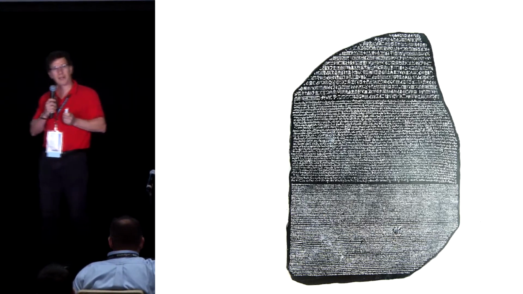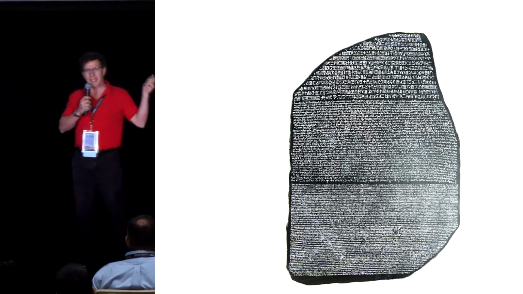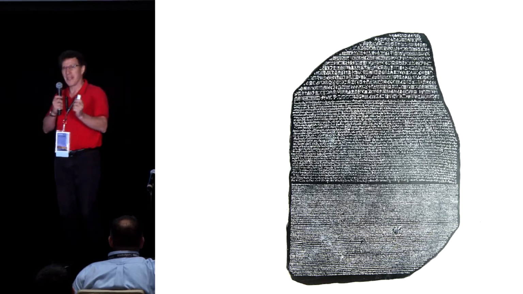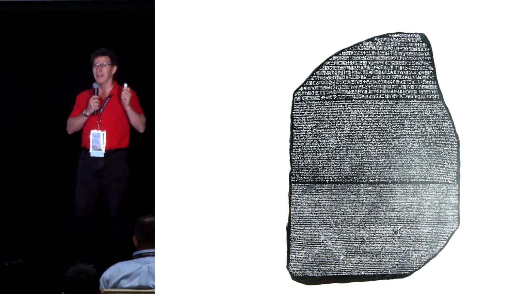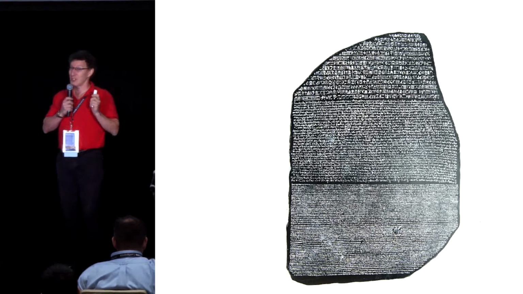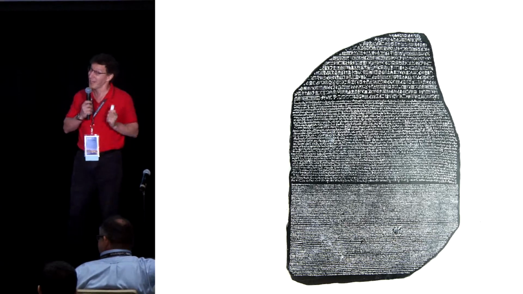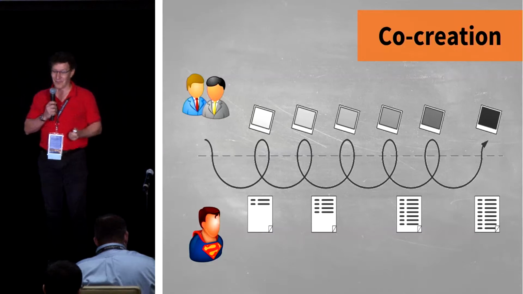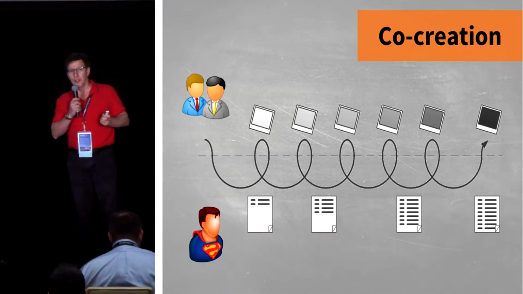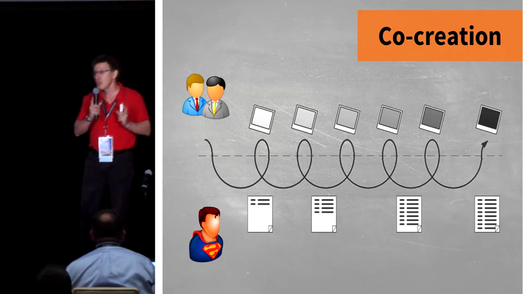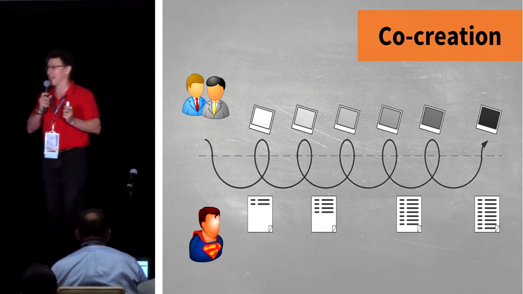You need a kind of Rosetta Stone for translating whatever it is they think they want into what it is that you know that they need. Because you are, after all, the architect. So what you need to do is to give them the illusion that they are co-creating with you.